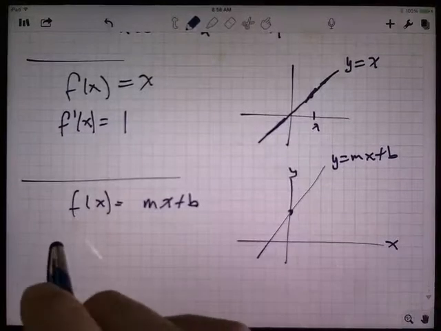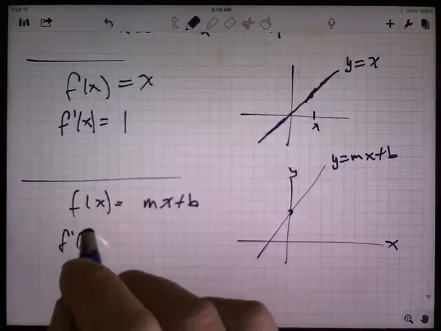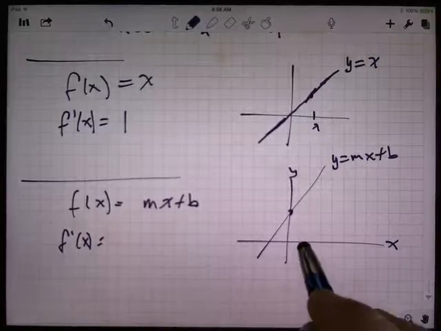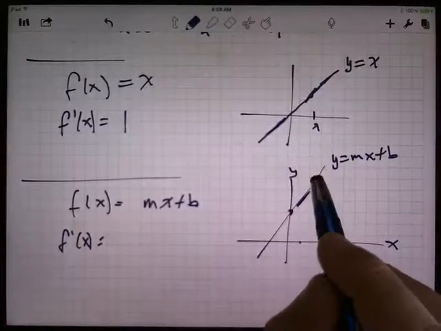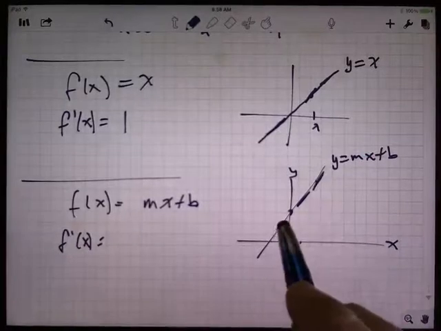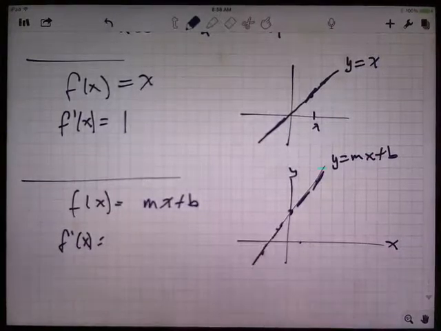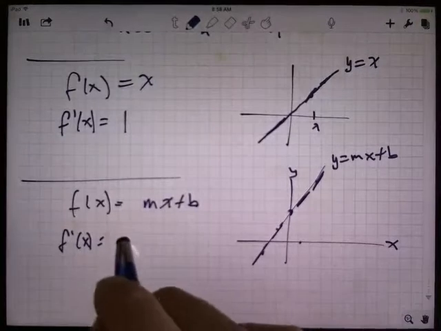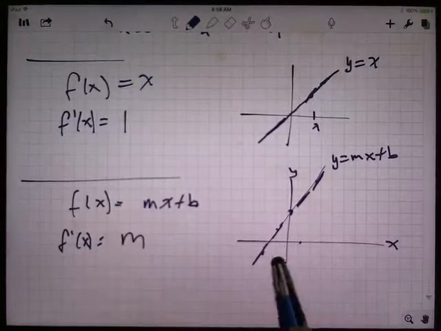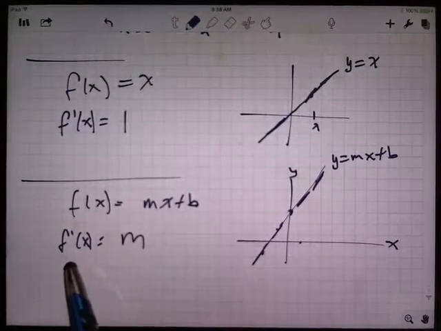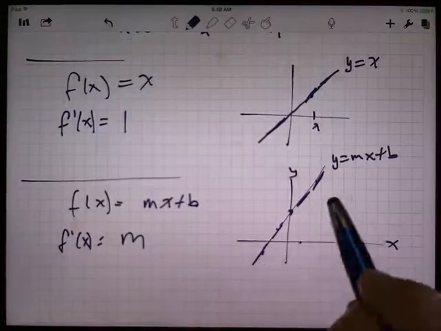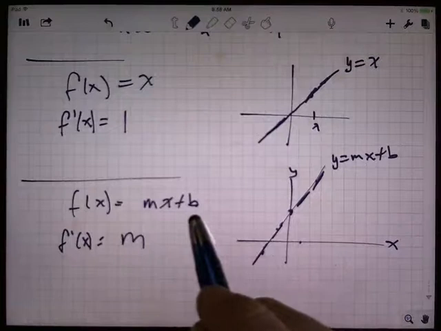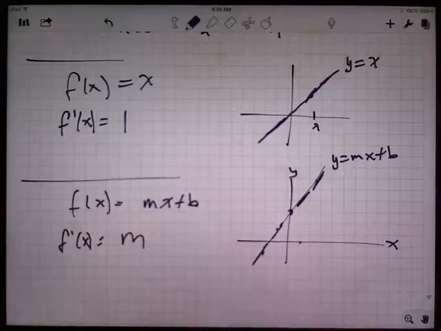When I talk about the derivative, I'm saying for any value of x, you tell me what the slope is at that point. And the slope doesn't change. No matter what x you give me, the slope is always equal to m. Then I'm willing to say that the derivative function is this constant m. No matter what x you tell me, this function has a slope equal to m at that x value.